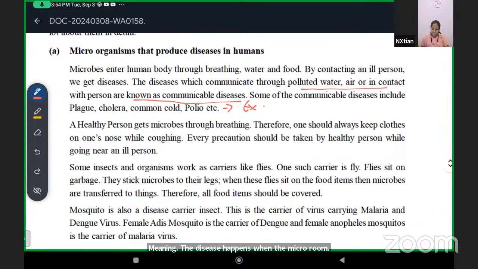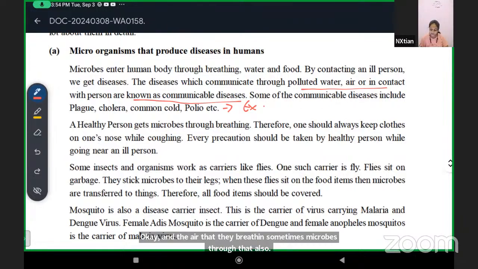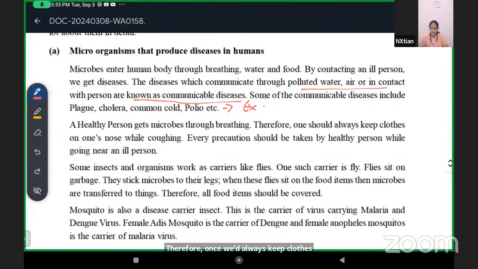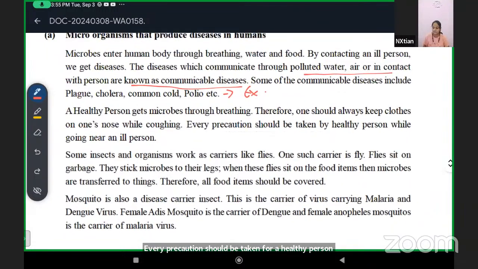Okay? Then a healthy person gets microbes through breathing, the air that they breathe in. Sometimes the microbes can enter through that also. Therefore, one should always keep cloth on one's nose while coughing. Every precaution should be taken by a healthy person while going near an ill person.